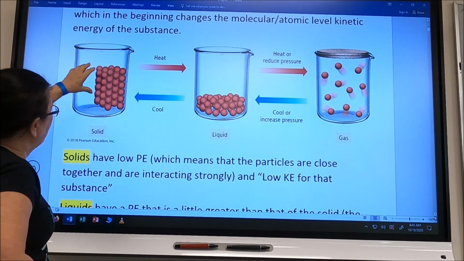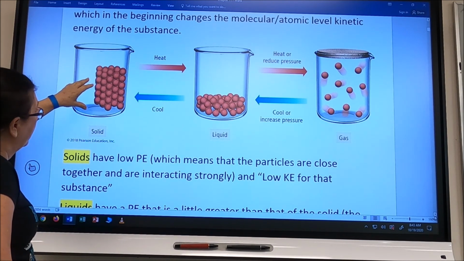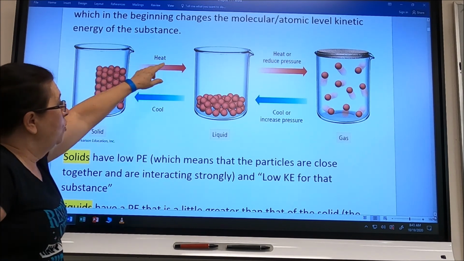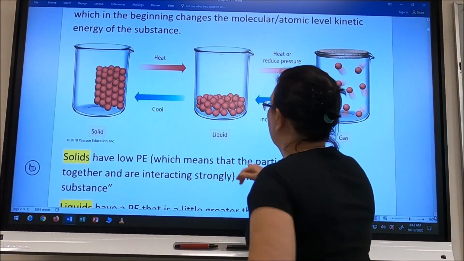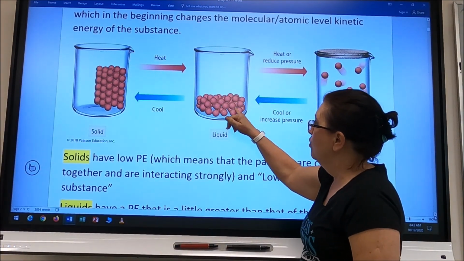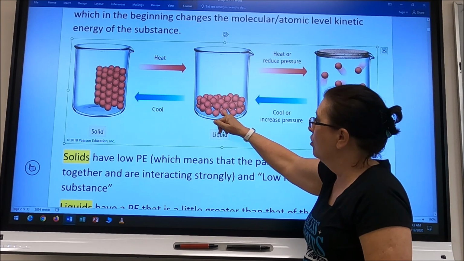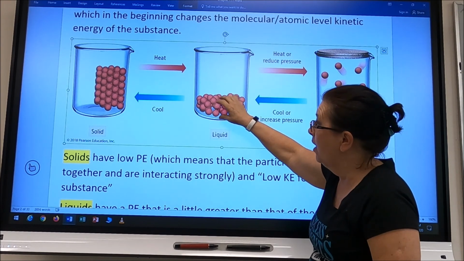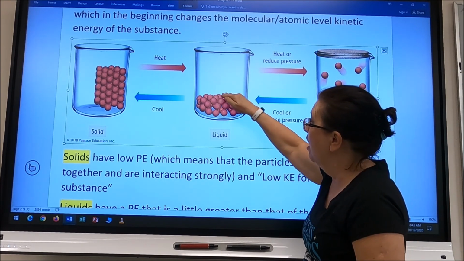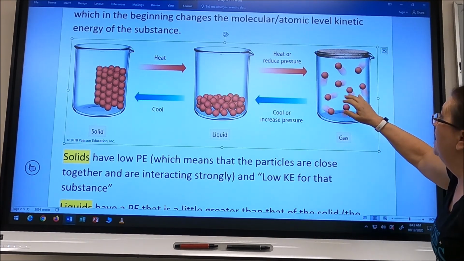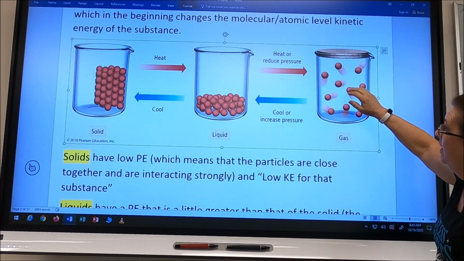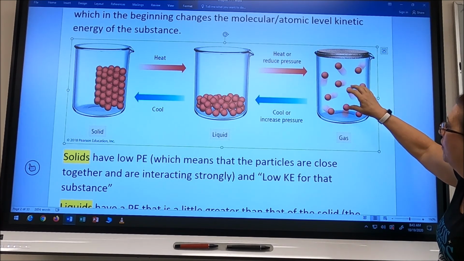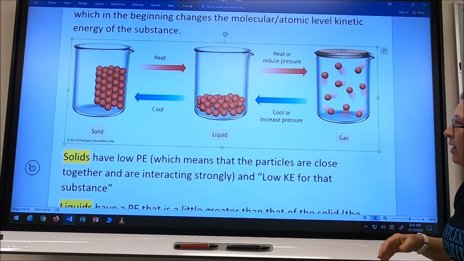They have a specific shape no matter what container they're in. When you add heat in and you melt, now we get a little bit more disarray in the particle arrangement. Notice that now it's occupying a volume at the bottom of the container. Okay, it's got an upper surface. And in the gas, we had to put a lid on it or it would escape.